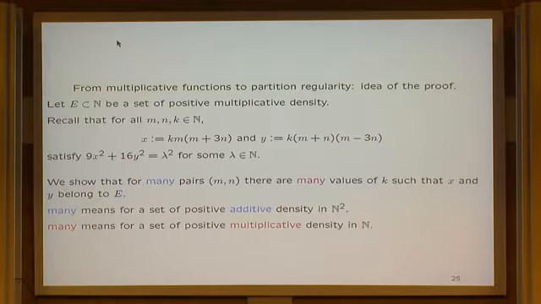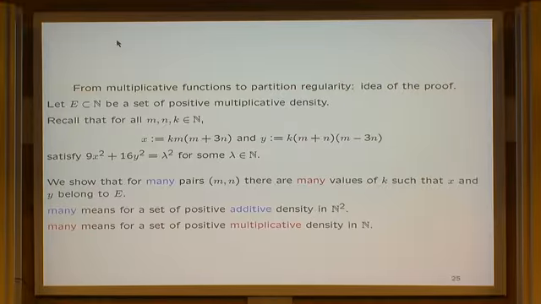So for many pairs (m, n), there are many values of k such that x and y belong to E. Recall that E is a set of positive multiplicative density. But many is not the same as many. The first many is additive, it's the ordinary density in A square. And the second many, for k, is multiplicative density.